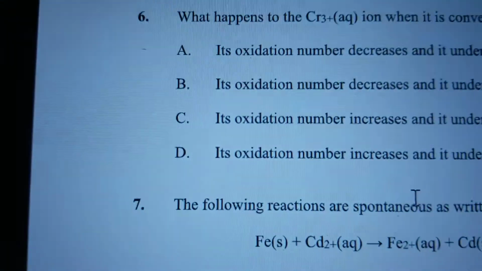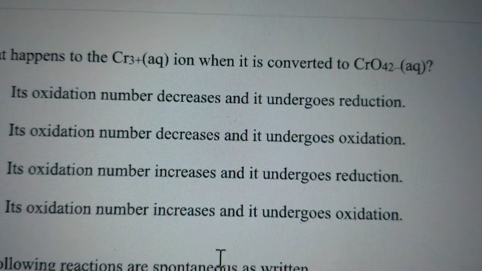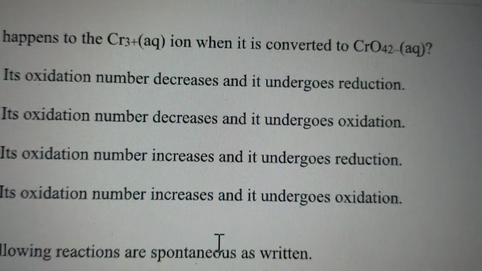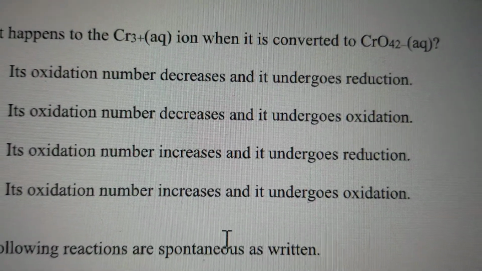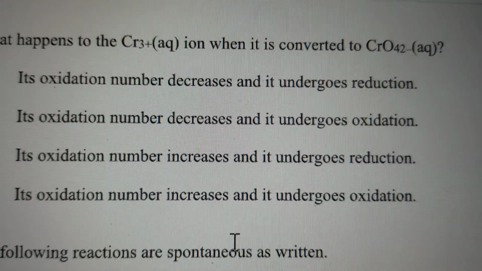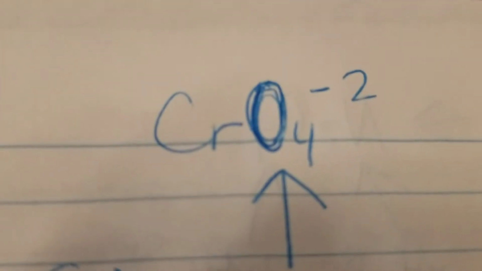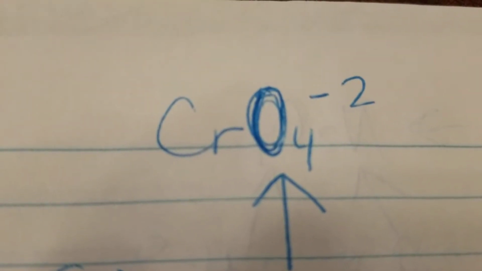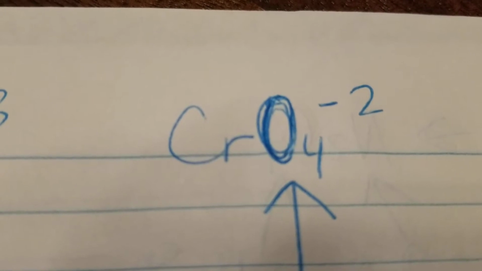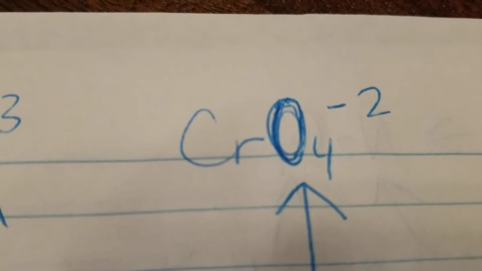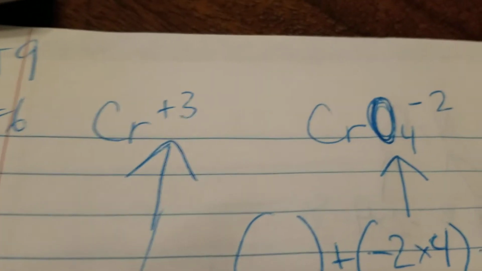And that is not CRO with a -42. That is CrO4 with a -2 charge overall. So it's like this. CrO4 with a -2 charge. So that is definitely why you're probably having some trouble with that.